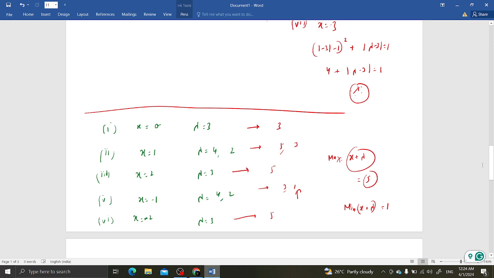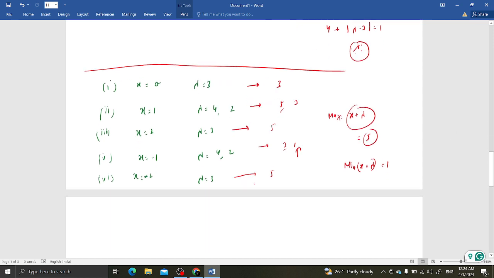These are the additional things they may ask, about the minimum element. So the minimum element is 1.